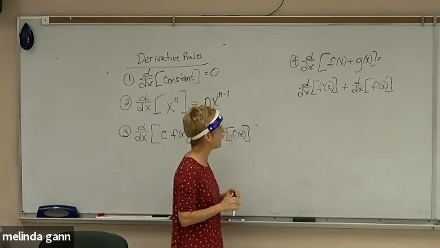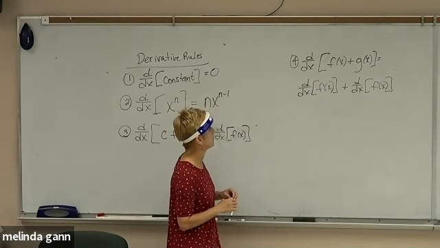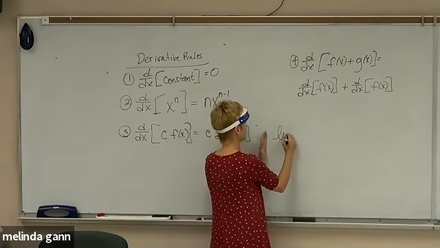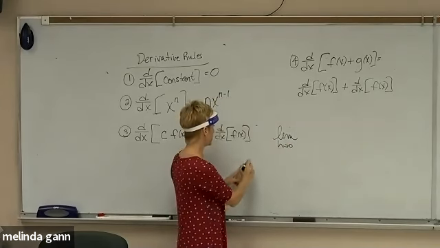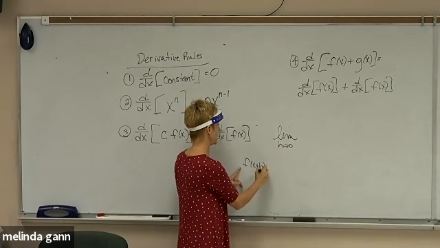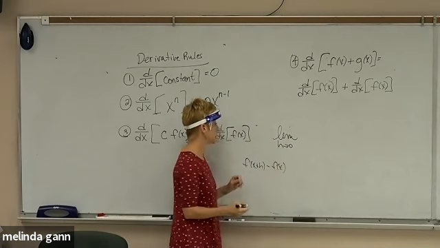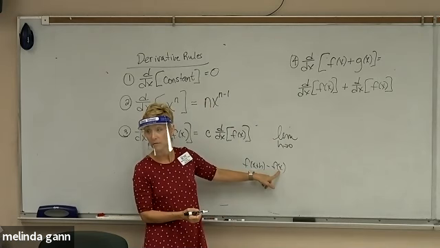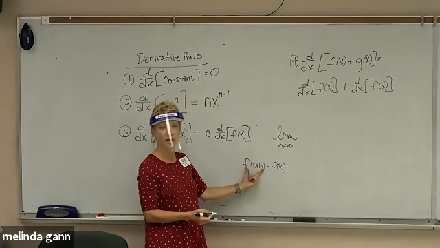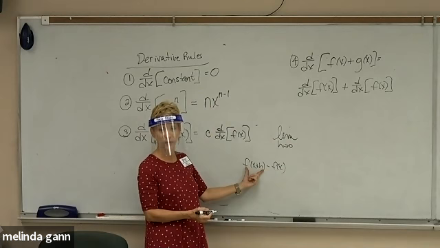Now, think about why that would be true. So your f of x plus h minus your f of x. So it's your original here. Is everybody with me? And then here is your original with your x replaced with what?